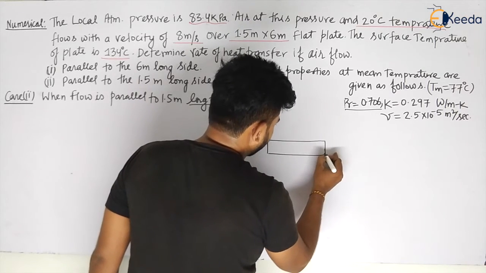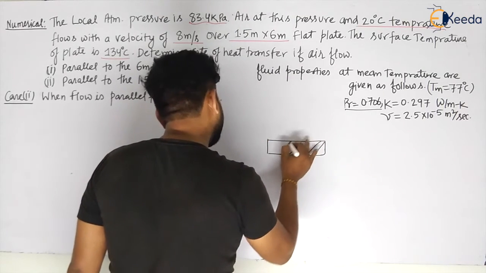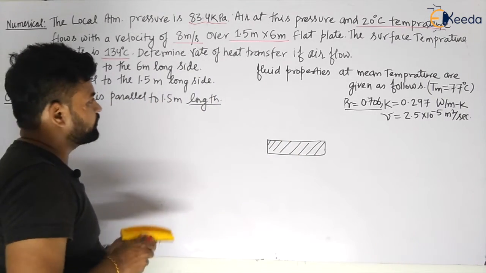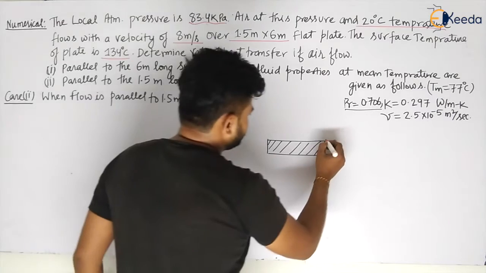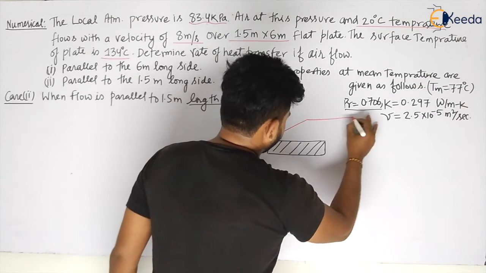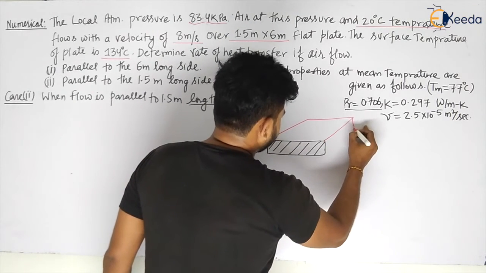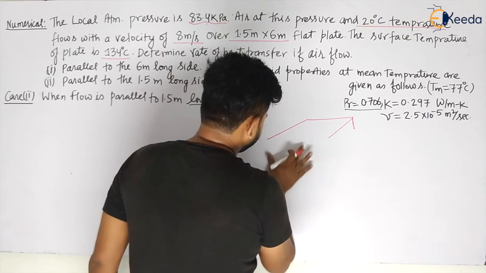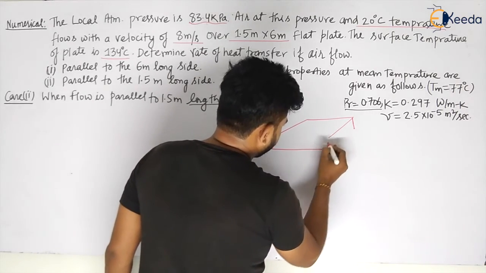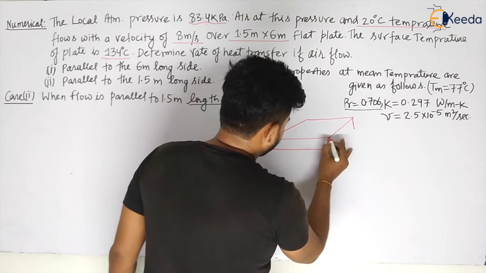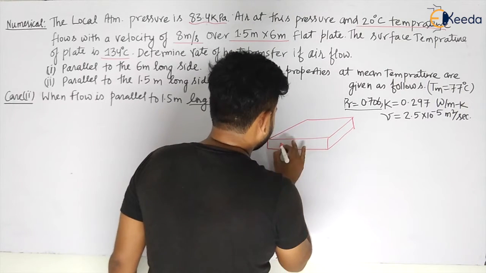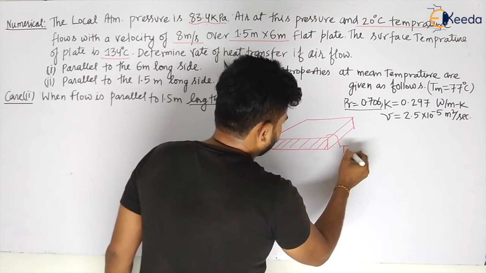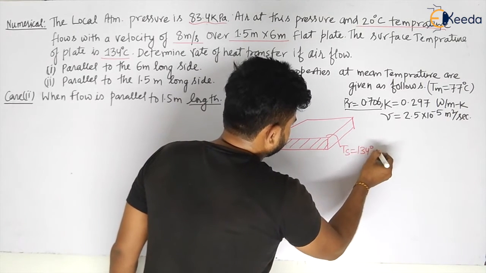Now the plate is something like this, and again it has a surface temperature of 134 degrees Celsius, my dear students. So the plate is hot again, Ts is equal to 134 degrees Celsius.